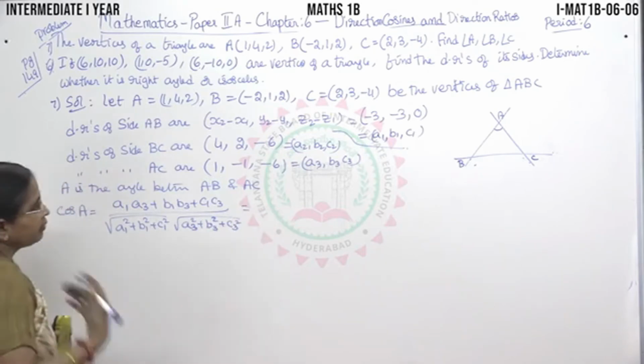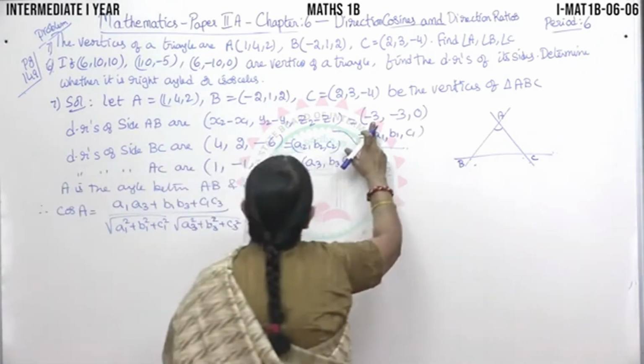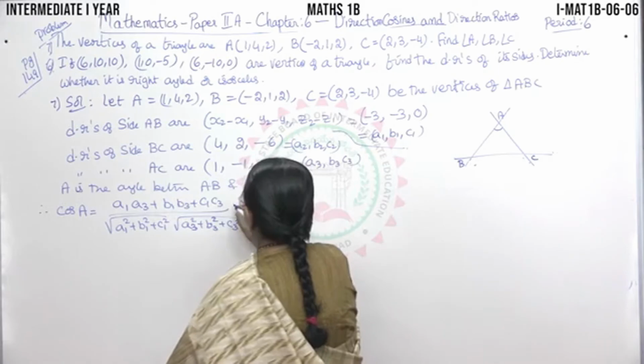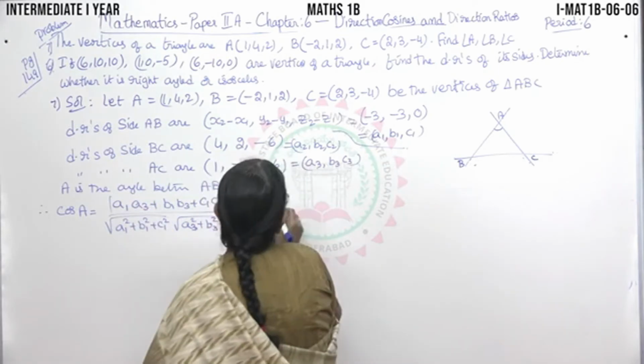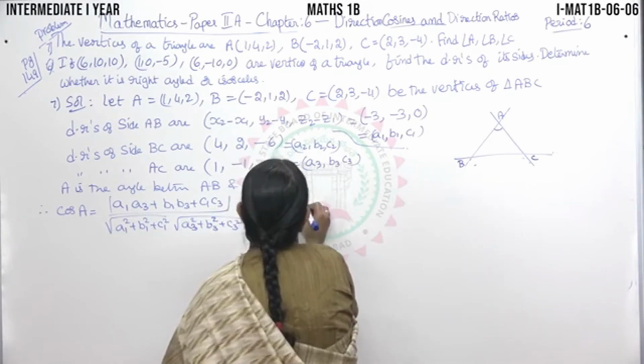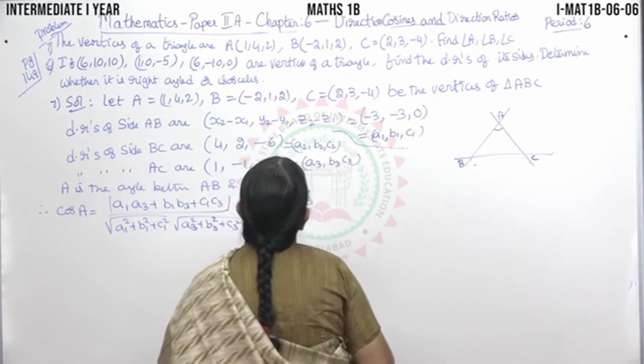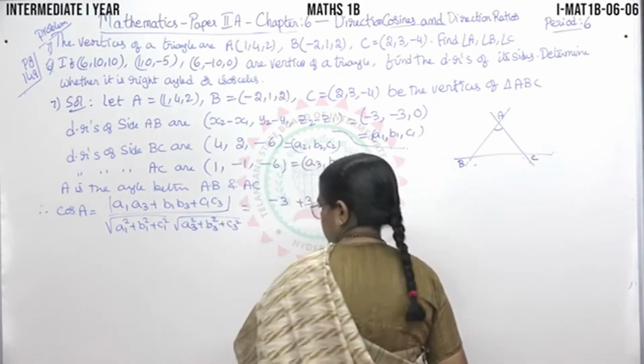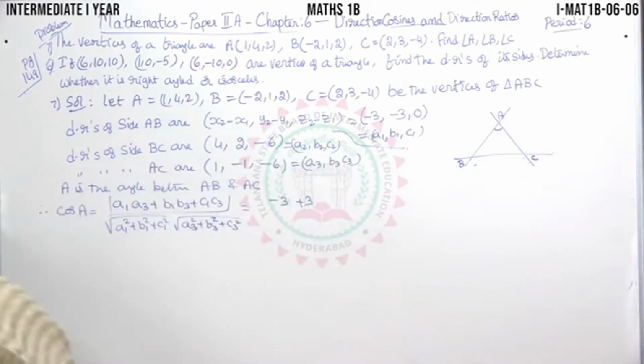So now find out A1 A3. A1 A3 means -3 into 1, modulus of this. So -3 into 1 is -3, and then plus 3 plus 0.